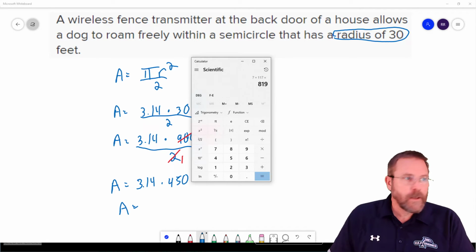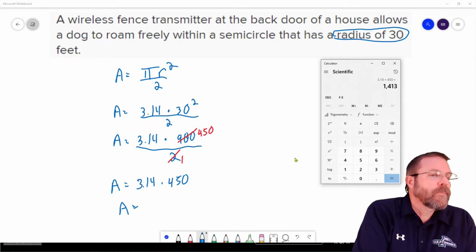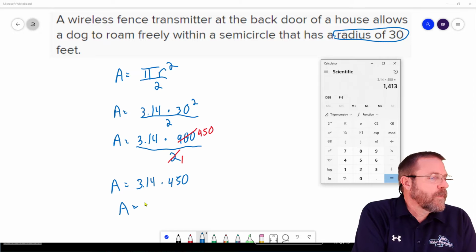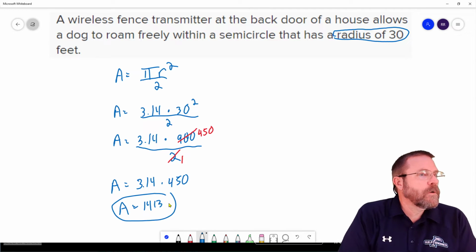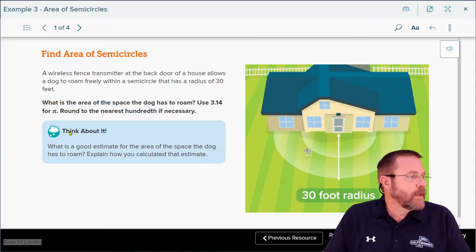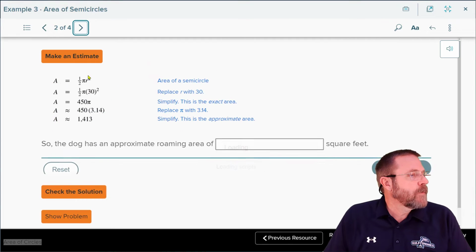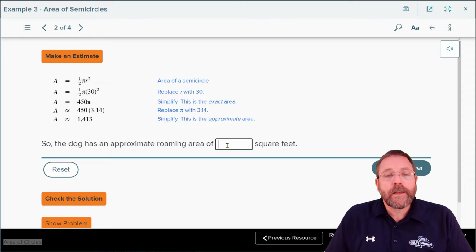So I'm going to take 3.14 times 450, and when I do that, I get 1,413. So that puppy dog is going to get to roam a total of 1,413 square feet in the backyard of that house. Now, if you take a look right here, that's the exact answer they came up with. You can type that number in here if you want to. I'm not going to waste time doing that.